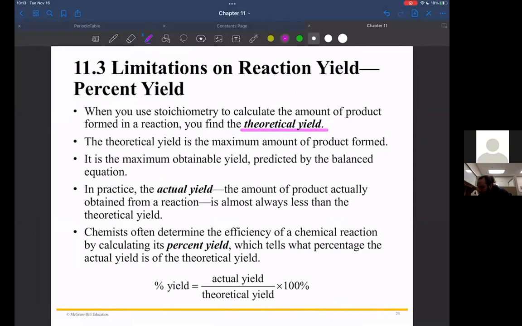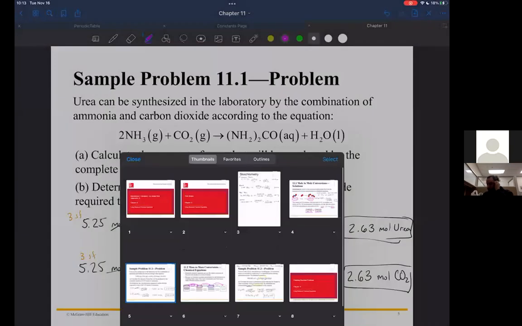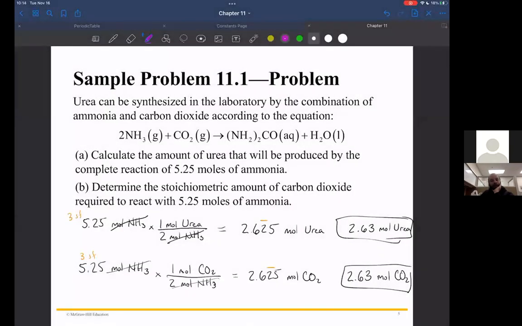All right, so if we just go back to the very first example, the simplest example that we did, this idea of I start out with 5.25 moles of ammonia, how much urea, how much of my product will be produced, right? So this was the urea, this is the ammonia.